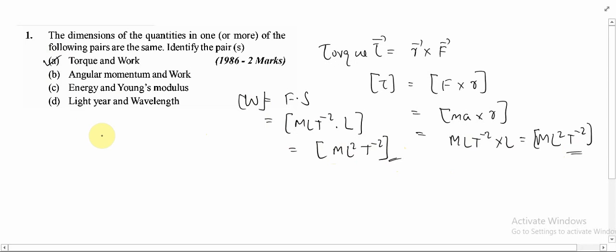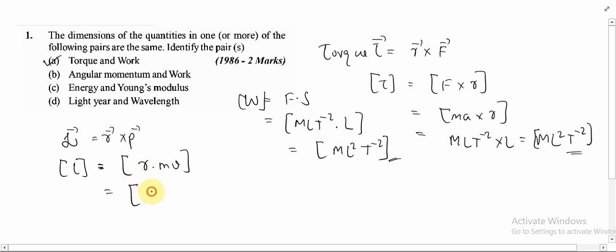Now what about option B? Angular momentum and work. The definition of angular momentum is r cross p. So the dimension of angular momentum L is the dimension of r into p, where p is mass into velocity, the momentum. r is the distance, so this is L, and m is M, and v is L T power minus 1.